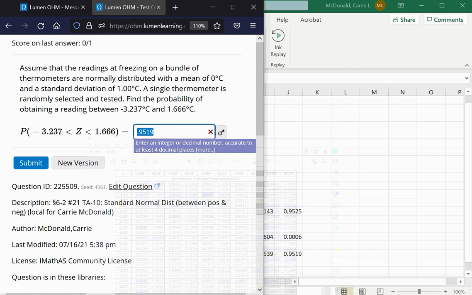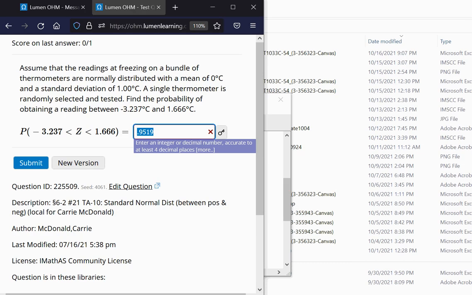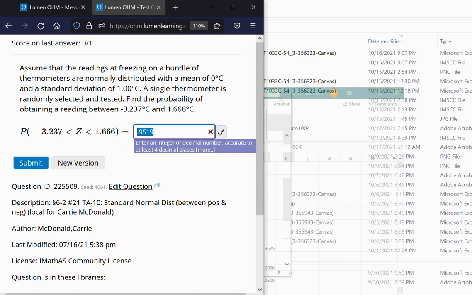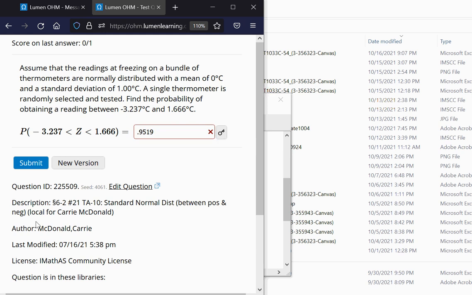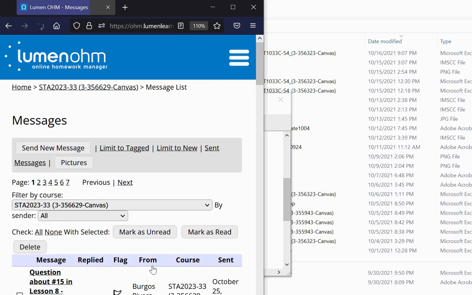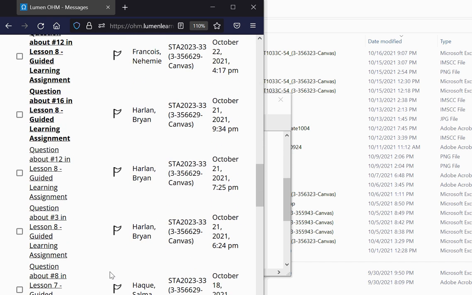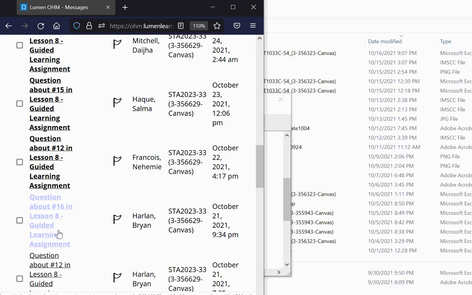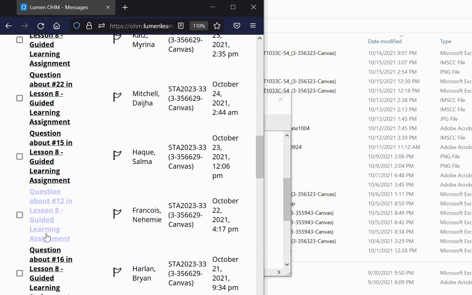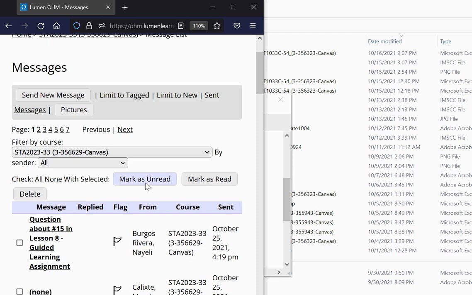Yeah, so for some of these, it really is safer to use norm.dist in Excel. But on a lot of these, it'll accept either one. So that was number 12 from lesson 8. We also had that question from Nemi. So I'm going to go ahead and mark that one already.